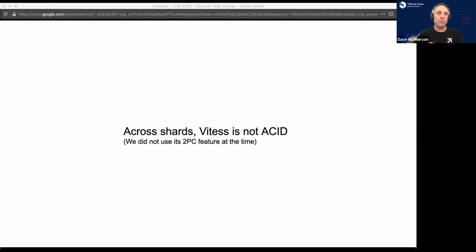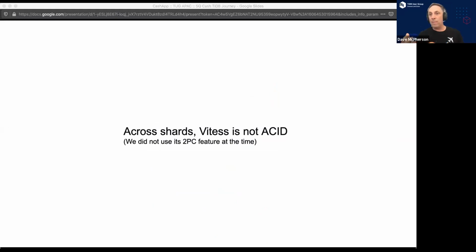But one of the problems that we got, that is a built-in feature of Vitess, is that the transactions aren't ACID. So you can use things like two-phase commit, and the authors of Vitess even themselves recommend that you design it so that you don't actually have to use two-phase commit, which effectively removes ACID from that suite.